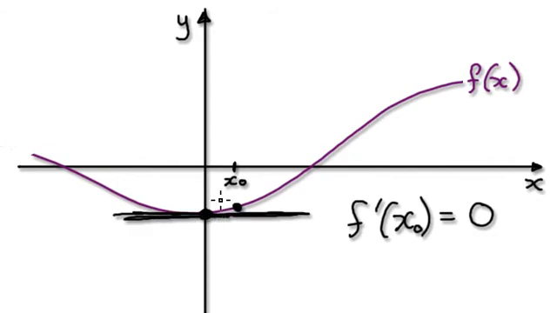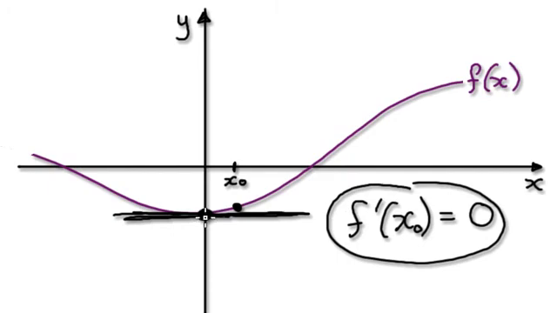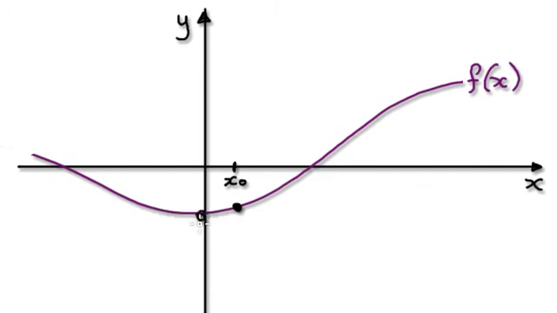So here it would be a bad guess, and you have to make a different guess. So f prime equals 0 would imply that you've guessed at a bad place. So make another guess.